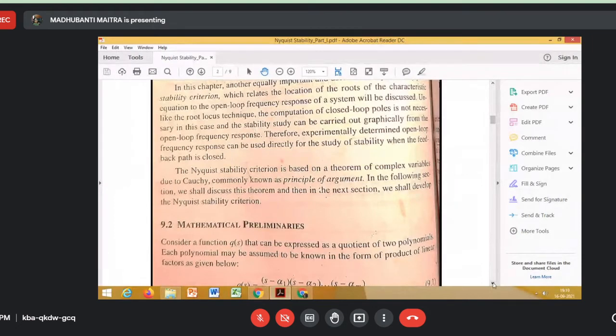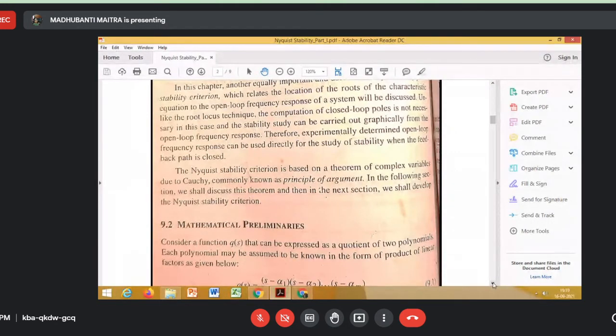Yes, ma'am. And open loop frequency response. Just think about that particular experiment, identification of linear systems using frequency response method. Can you recall the experiment? Yes, ma'am.